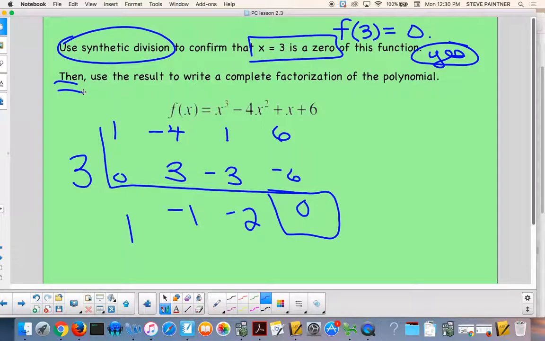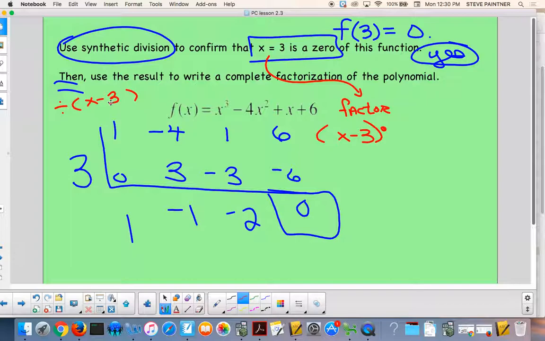Okay, so here's the deal. If this is a 0, which it is, when it's a 0, it creates a factor. What's the factor? x minus 3 times, right? Okay, so when you did this, this is exactly as though you're dividing by x minus 3.